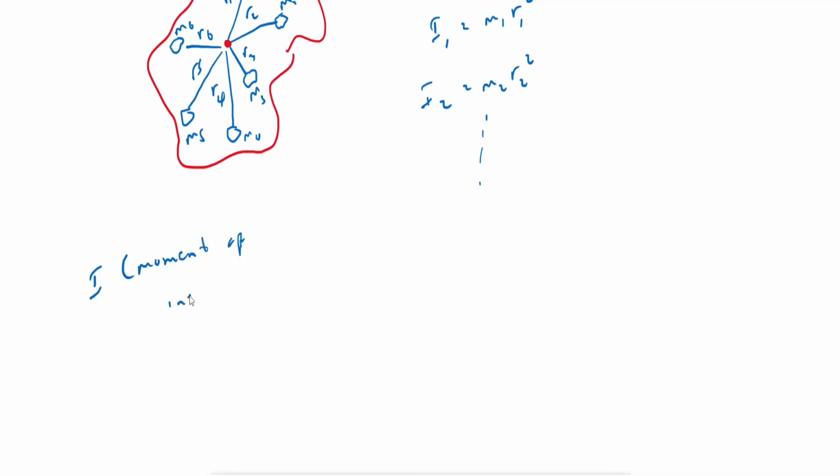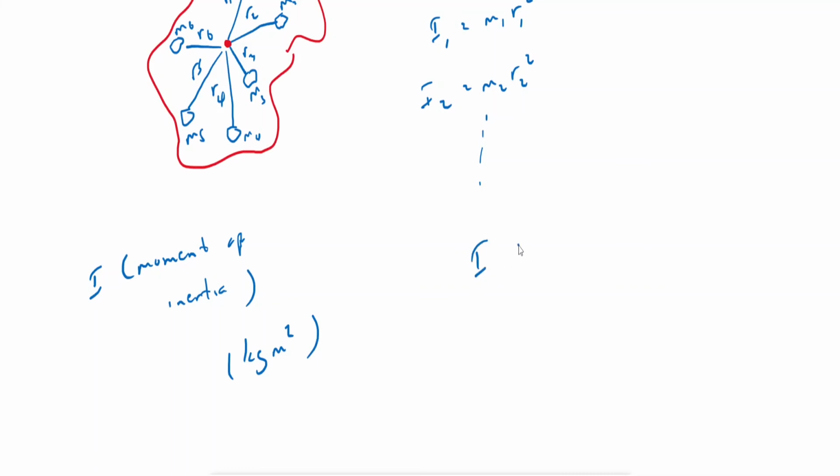Now you'll see in the next chapter, this tells us whether something is going to be very hard to rotate or not. It sort of gives us a measure of whether something will be very hard to rotate or not. This is measured in kilogram meter squared. Those are the units.